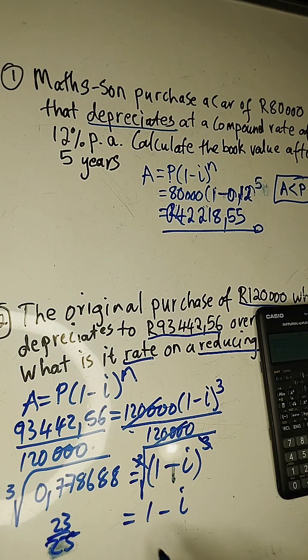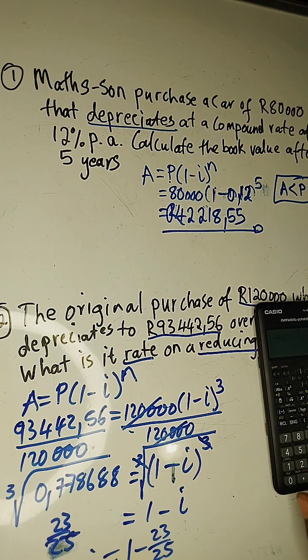If I punch it on the calculator, then I swap, I will have I is equal to 1 minus 23 over 25. If I say 1 minus the answer, I will have I being 0.8 multiplied by 100. Therefore, I is 8%. Okay, that is the first one.